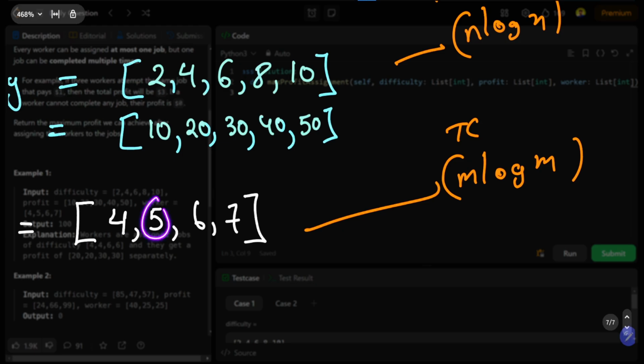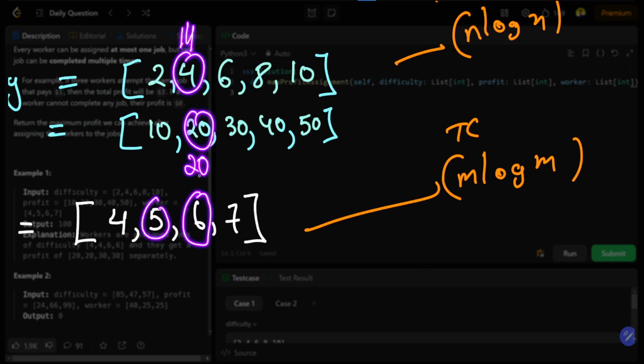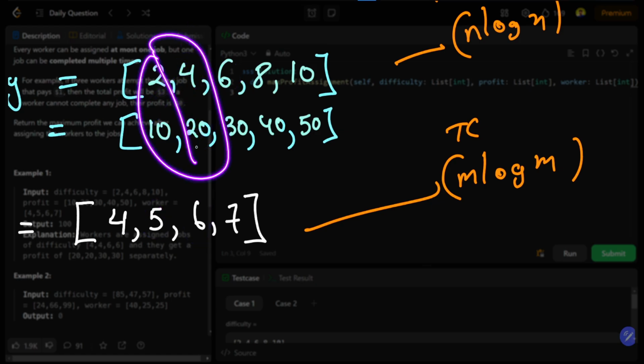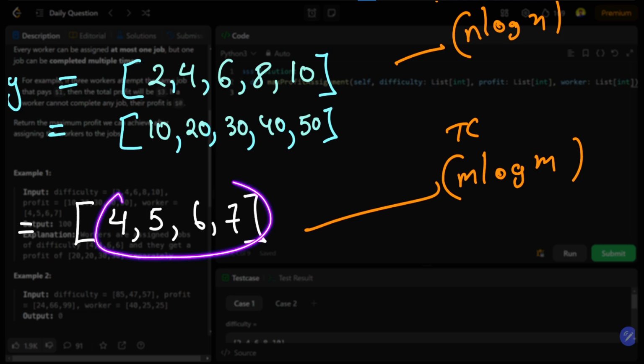So if persons 4 and 5 can do this job with difficulty level 4 and get 20 profit, a person with difficulty level 6 can do at least those tasks and get 20 as profit. It can do the maximum of 30 as well, but at minimum it gets 20 instead of 10. So I will be carry forwarding that particular maximum profit.